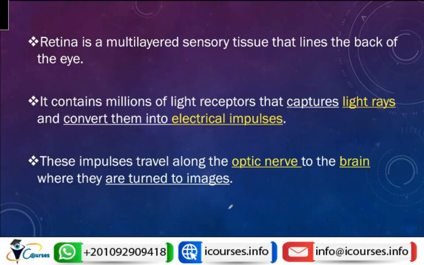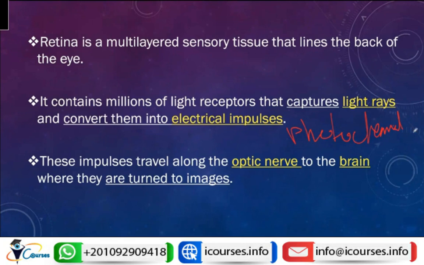The light itself is not an electrical impulse, but the retina has a nerve, and what is conveyed through the nerve is electrical impulses. So the role of the retina is to convert these light rays into electrical impulses, and this is what's called a photochemical reaction.